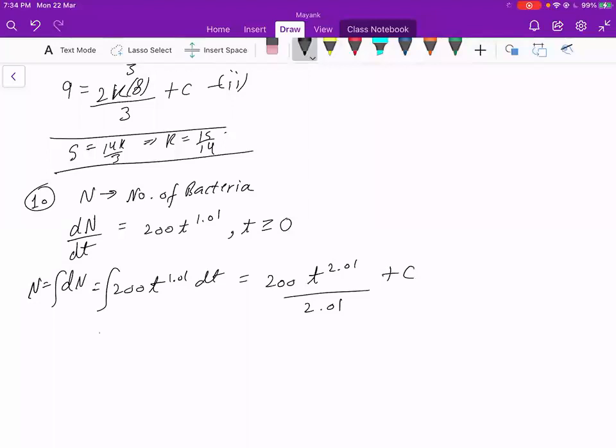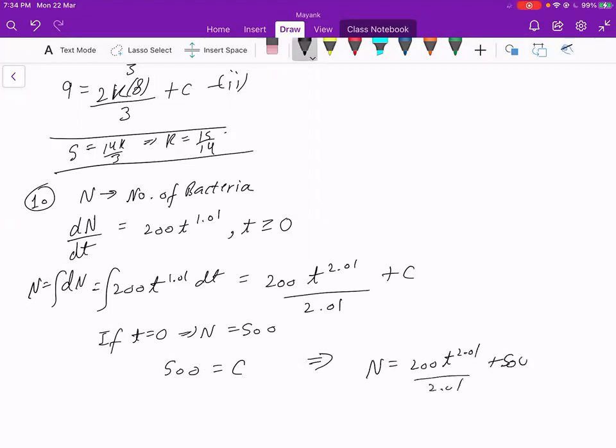So if t is equal to 0, then N will be 500. So 500 is equal to C, essentially. So that means my N is equal to 200 t to the power 2.01 by 2.01 plus 500. And that's that.